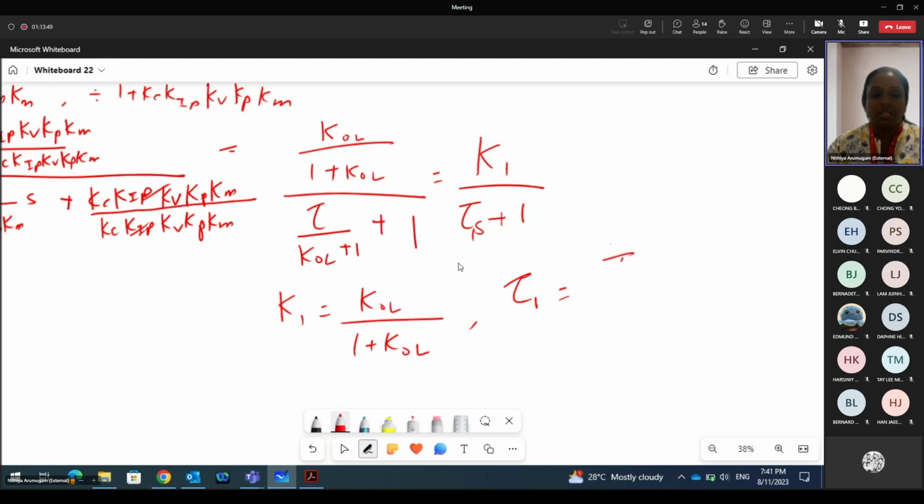I'm going to put tau over KOL plus 1. So this will be my tau 1 in this condition.